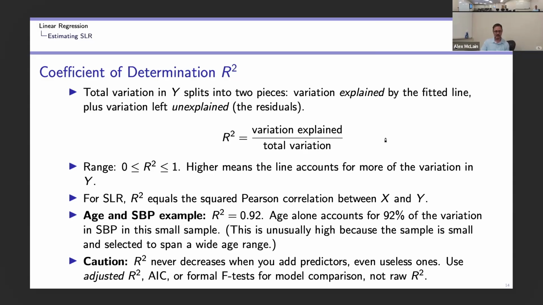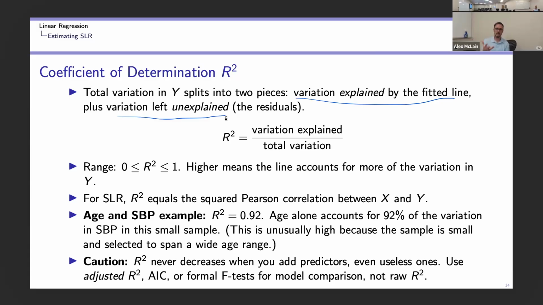The interpretation of it is that it tells us how much of the variance in Y is explained by our linear regression model. So we split the total variation in Y into two pieces: the variation explained by the fitted line plus the variation left unexplained.